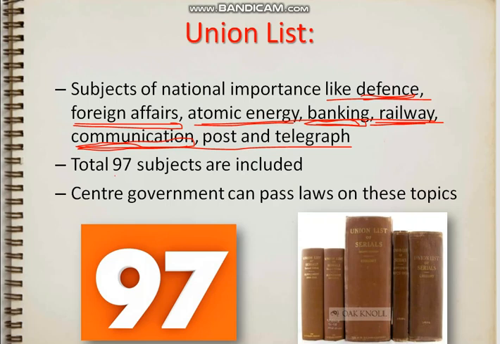There are a total of 97 subjects. See how many? 97. This needs to be remembered. The central government can pass laws on these 97 subjects, and the state governments have to follow those laws.